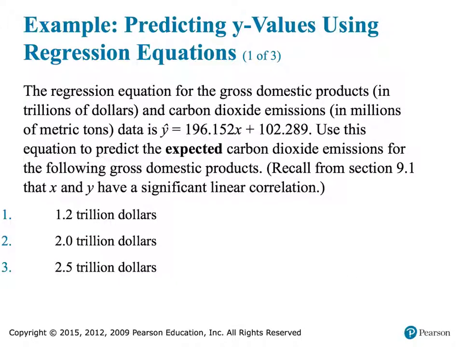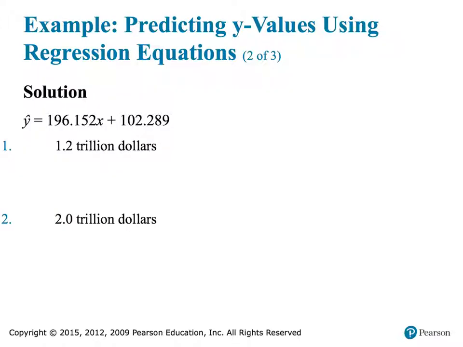But we also want to be able to make some predictions using our regression equation. So here it is again, and we want to use this equation to predict what we would expect the carbon dioxide emissions to be for that particular gross domestic product value. So I've got three different numbers we're going to substitute into our equation. First, $1.2 trillion.